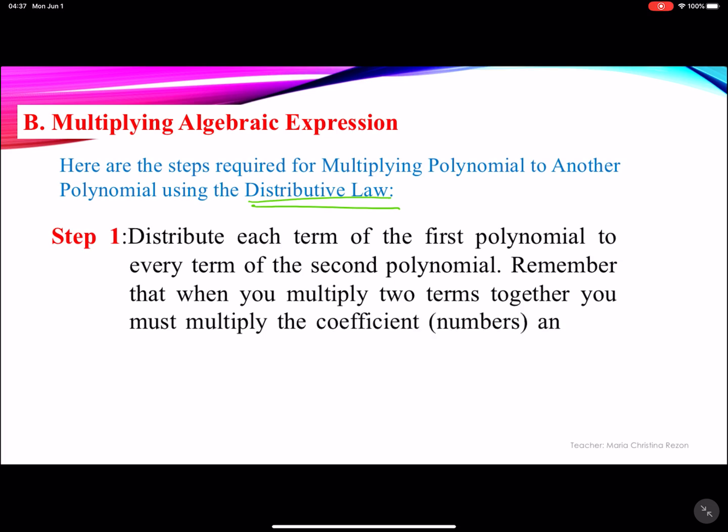And remember that when you multiply two terms together, you must multiply the coefficients or the numbers beside each variable and add the exponents of the variables, okay? And then after that, you can combine like terms if it is possible. If not, then leave that as is, okay?